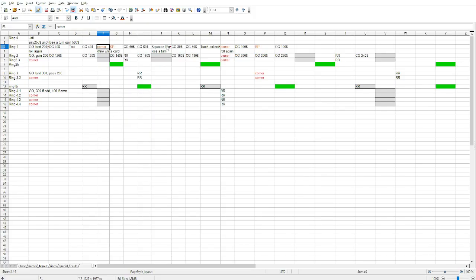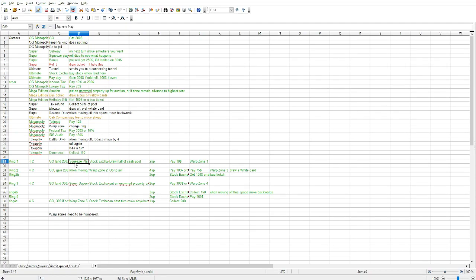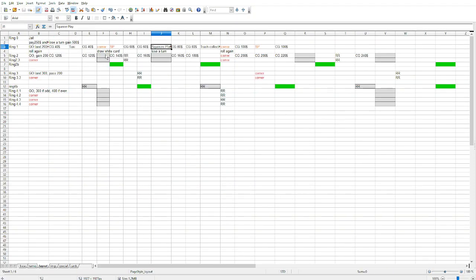Oh, I did say I wanted to have squeeze play as one of the corner spaces here. Oh, okay. I have that as like the second one here. Whatever. For this version, I'll just put stock exchange as number 2, I guess.